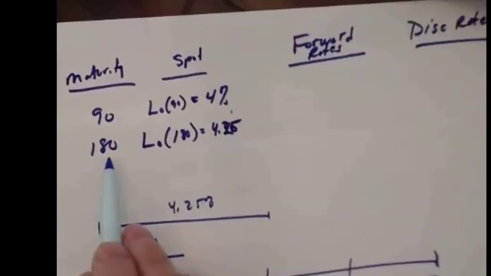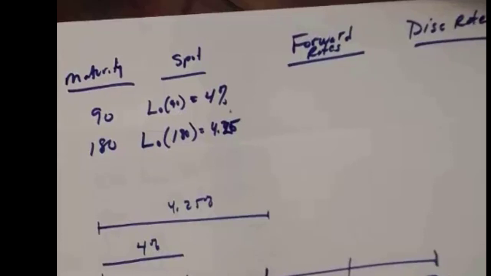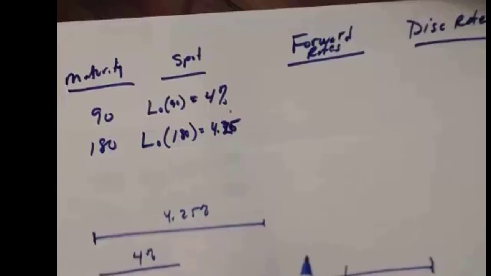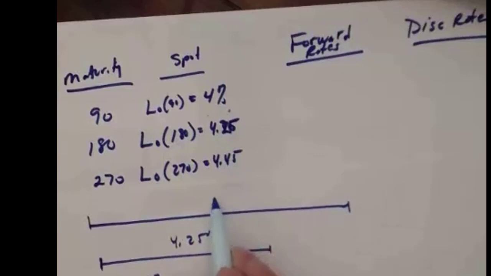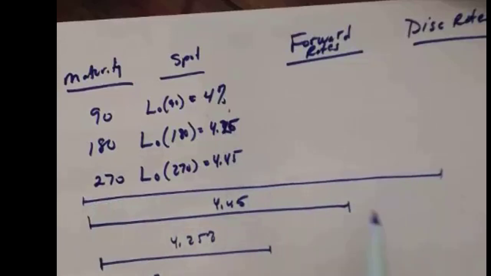Okay, maturity is 180, and it starts right here and covers this 6-month period. And then the next interest rate for 270 covers this whole period, and that's 4.45%. And then the final spot rate is 5%, according to the table.